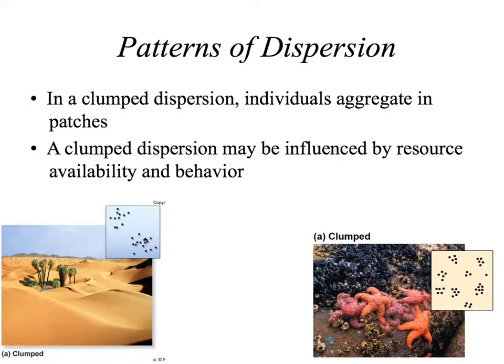We see that in these examples with the trees, water is a scarce commodity in the desert, so when water surfaces, organisms clump around that resource. In this one over here, we see many sea stars clumping together around the mollusks, which are their food source. So again, they are clumping around the resource that they need to survive.